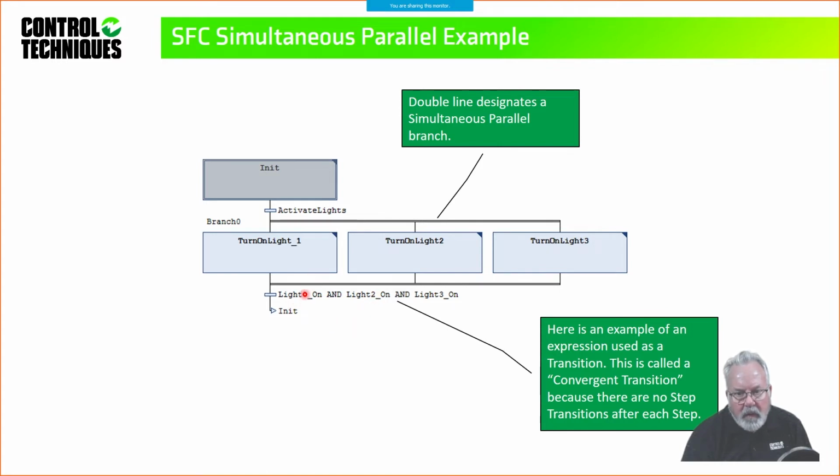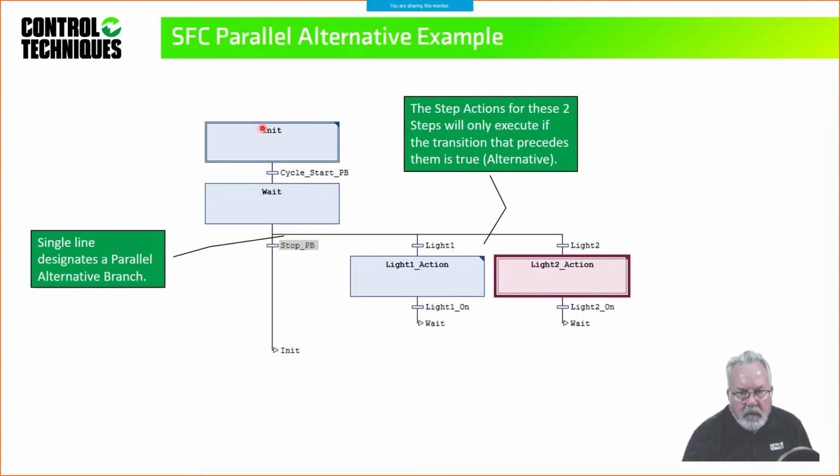If light 1 is on and light 2 is on and light 3 is on, then I'll come back up here again and wait until the activate lights transition becomes true. So you have parallel, simultaneous parallel, and parallel alternatives branching that look like that.